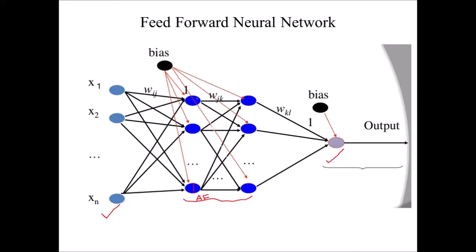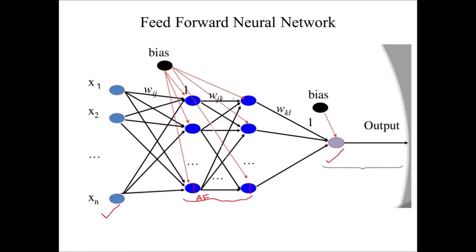Depending upon the application, we can select the activation function. For this layer also the output should pass through the activation function, and if it satisfies the condition of the activation function, only then will this node be fired and logic 1 be given to the output node. Otherwise logic 0 will be passed to this output node.